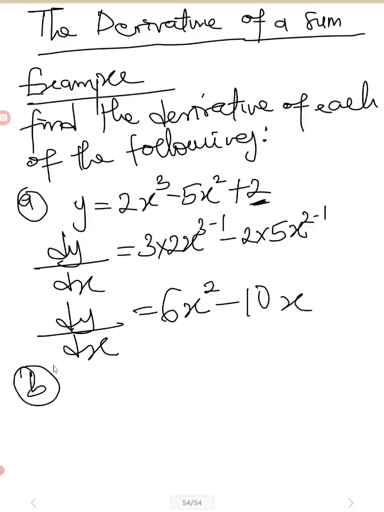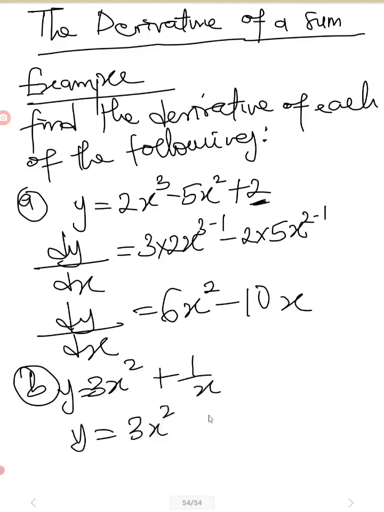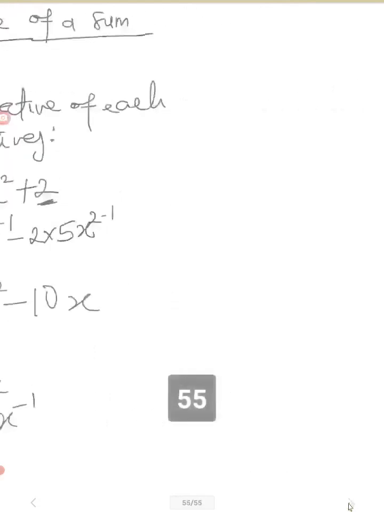Let's also have another example: y is equal to 3x squared plus 1 over x. What you do is try to apply the laws of indices, plus x to the minus 1, so you make everything linear and reduce the fraction part. Therefore, y is equal to 3x squared plus x to the minus 1.